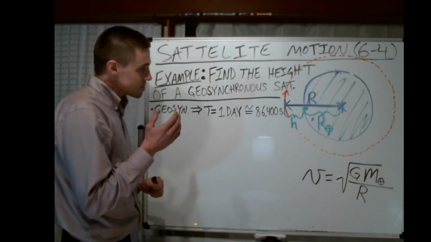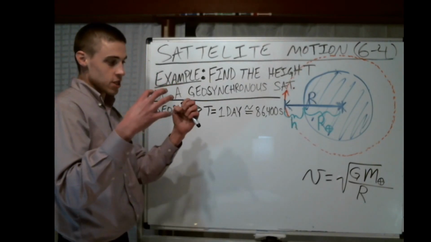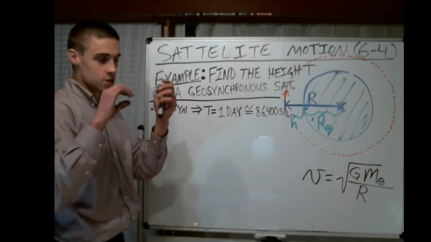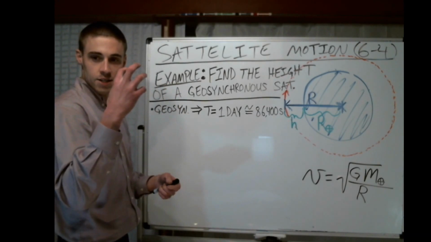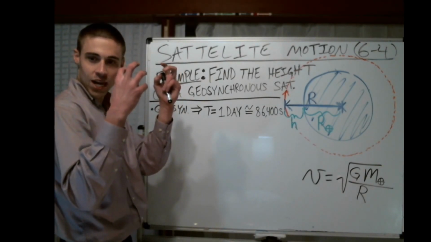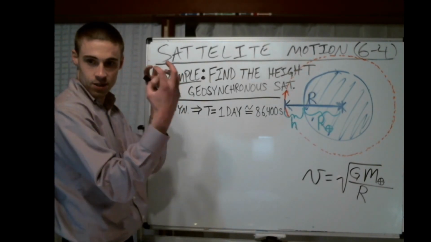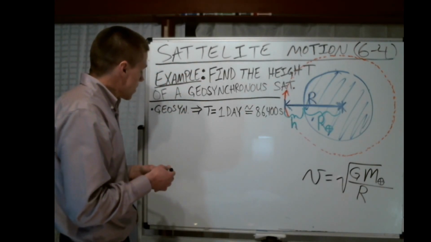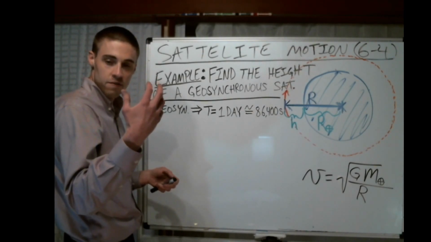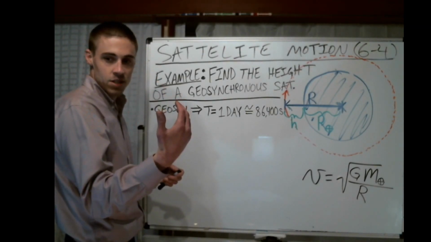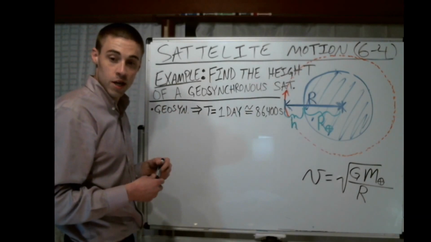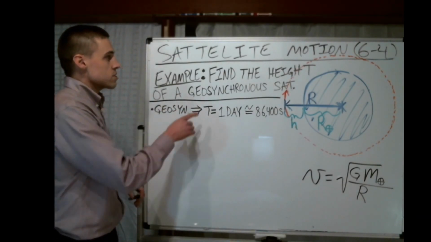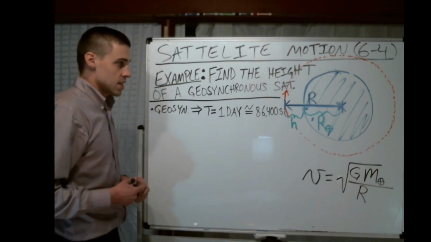That means the satellite is going around at the same rate at which the Earth is going around, so it sits above the same location on the Earth. A geosynchronous satellite could hover above, say, a city, as long as that city's pretty close to the equator.